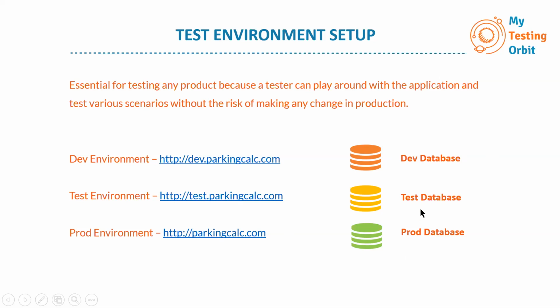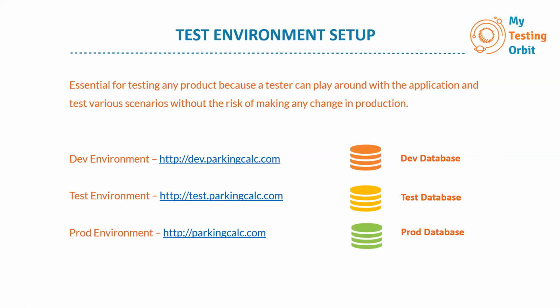So the data in each database will be different. For example, if we are using an application which has login details, and those login details are coming from the database, then maybe the login details in the dev database would be different from those in test and production. That's how the data needs to be different.